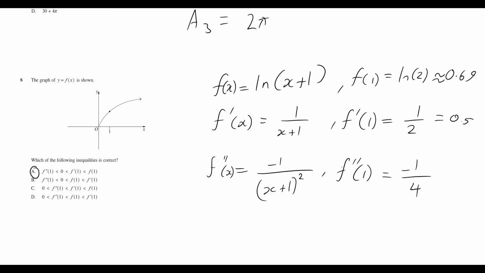Because f double prime at 1 is a negative value, so it's less than 0. So that's correct. And then we know that f prime at 1 is 0.5, so that's correct, it's greater than 0. And now we know that f of 1 is about 0.69, so that is correct as well. And there we are. So now on to question 9.